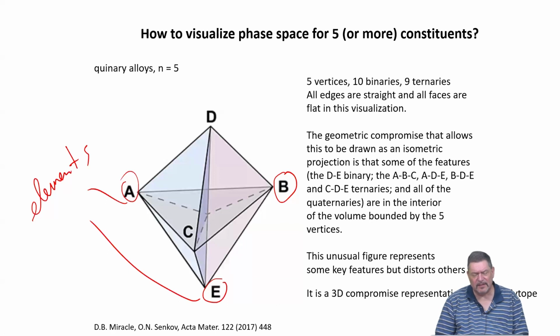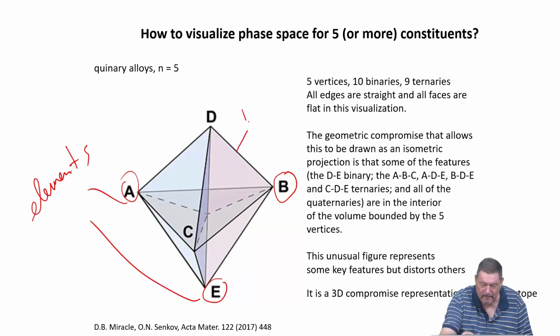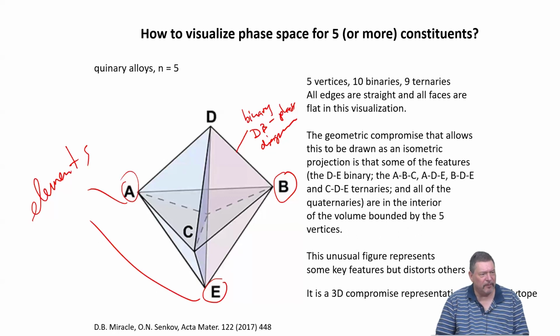And then, since this is again a 2-dimensional or quasi 3-dimensional representation of a 4-dimensional phase diagram, we have to think of this as a binary phase diagram projected onto a line.